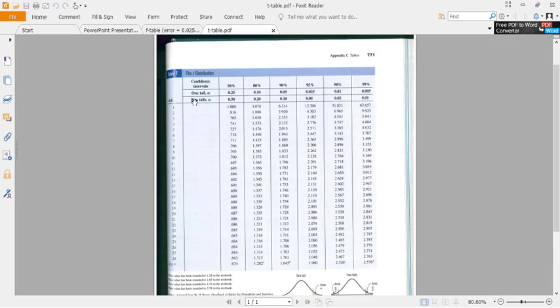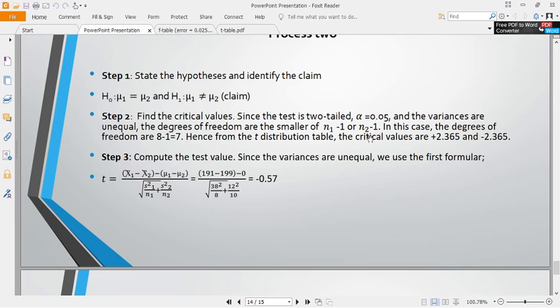It is a two-tailed test, so with 0.05 and 7 degrees of freedom, the value is 2.365. Since it is two-tailed, we take two values, positive or negative 2.365. This is now our critical value, which marks our critical region.